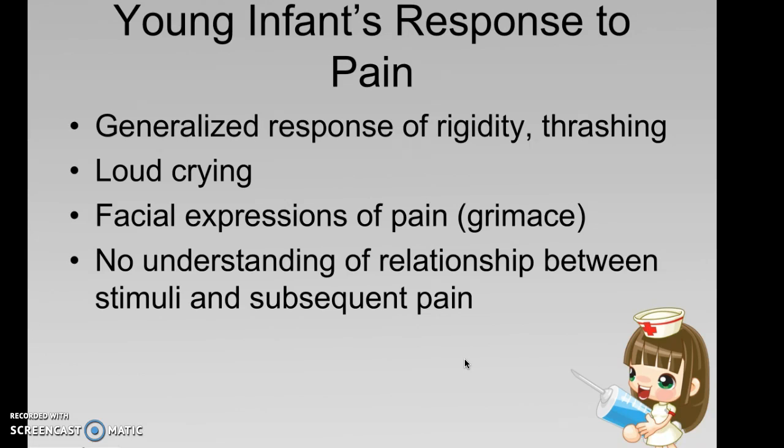An infant: loud crying. Obviously, they're going to cry very, very loud. An example of this in clinical practice: we pierce ears at my office, and most kids' parents have them come in early, and we put numbing cream, Emla cream, on their ear lobes.